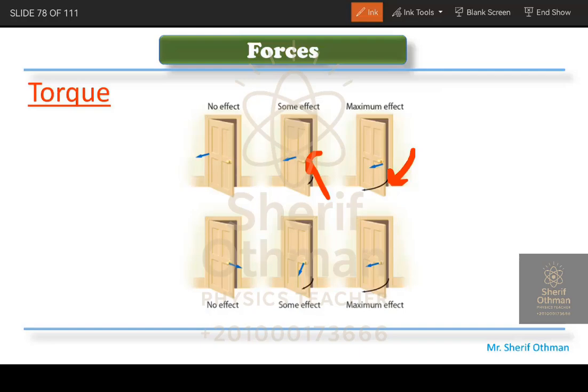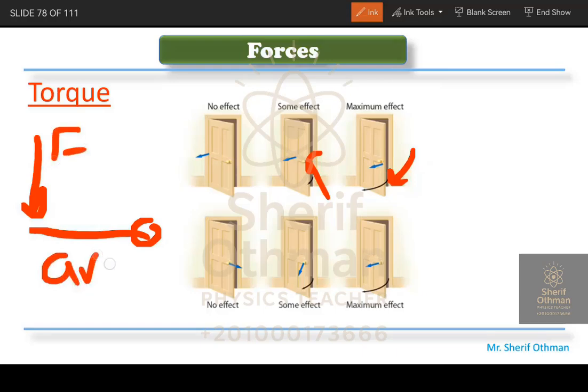So, if I would like to make an object rotate, here is the object and here is the arm of rotation. You are going to apply a force perpendicular to the arm of rotation, and as the arm of rotation length increases, that means more torque is applied.